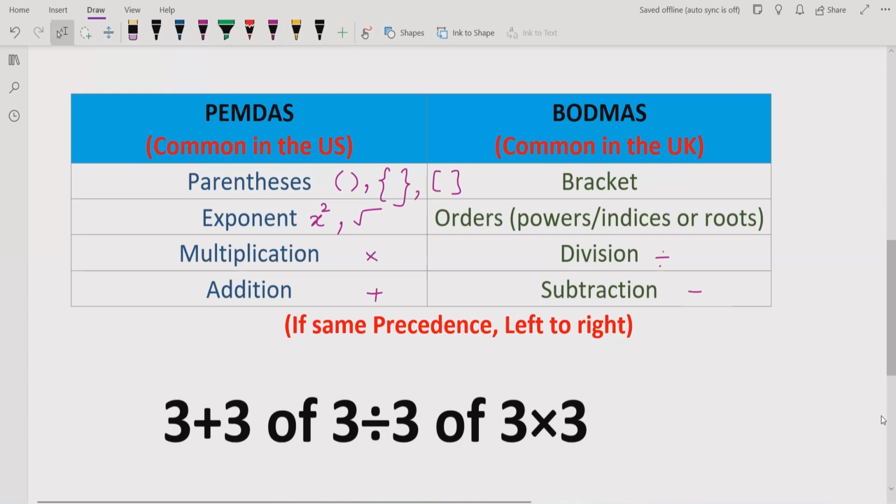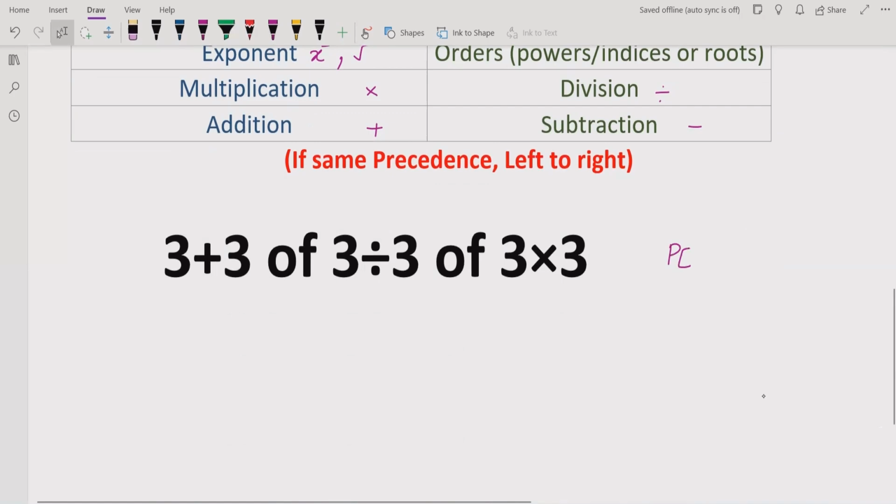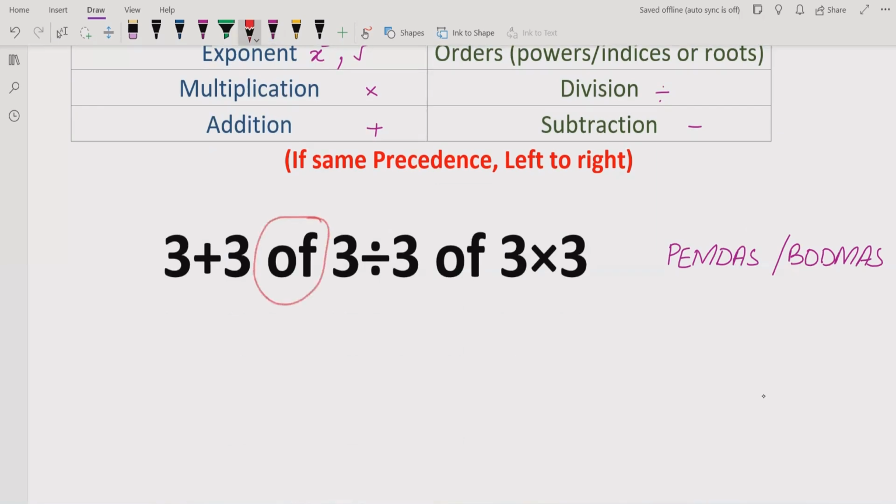So now let's start the topic using the PEMDAS and BODMAS method. Both are similar, but depend on the region where they apply. Here we have a few things in the expression, like the word "of" which is coming in this expression.